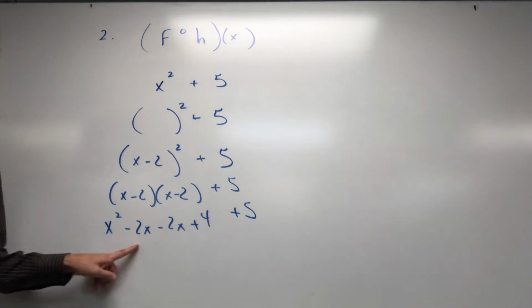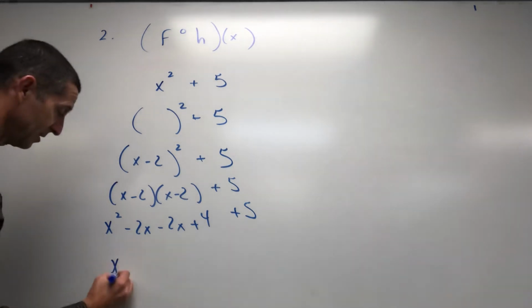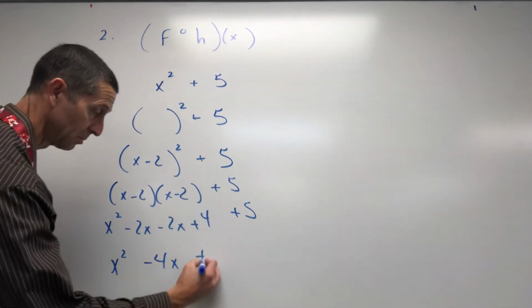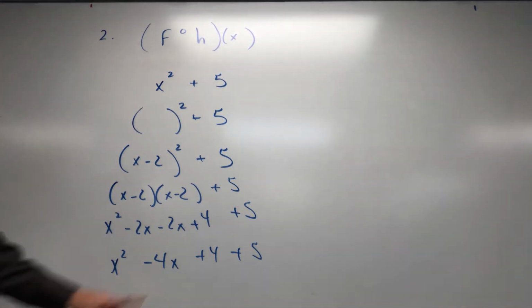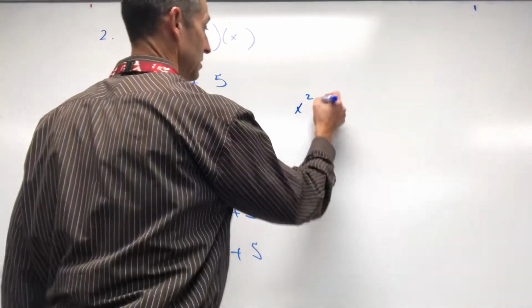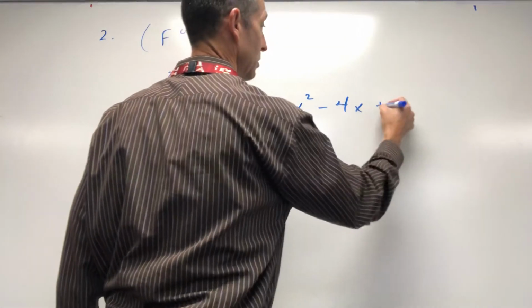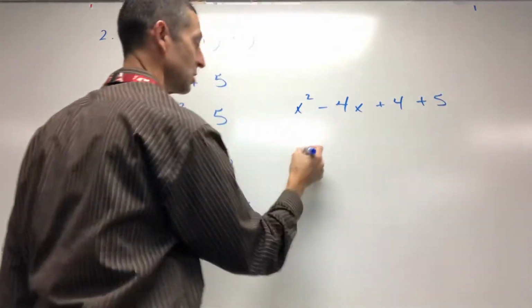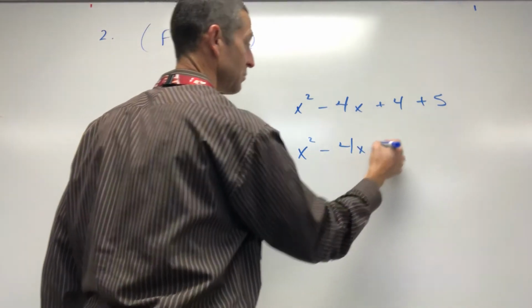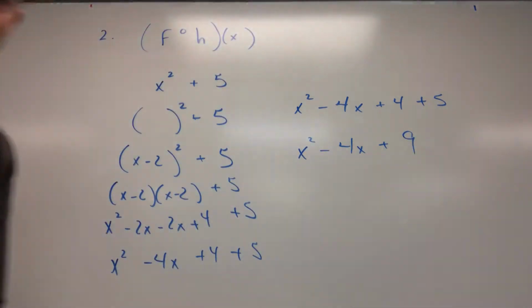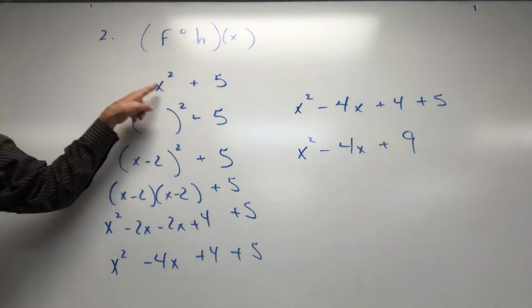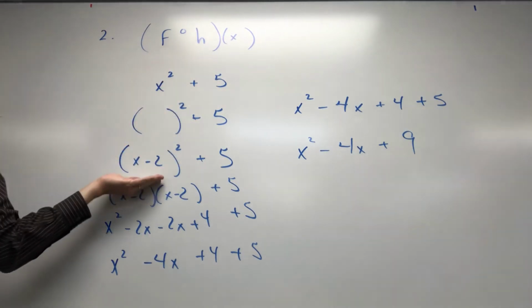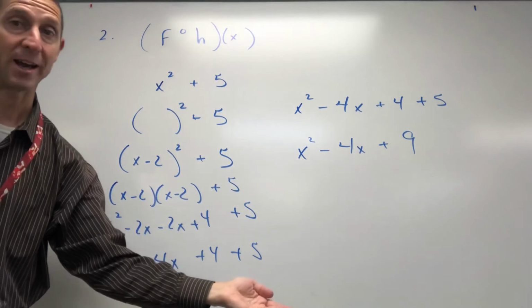So, like terms in the middle, x squared minus 4x plus 4 plus 5. And then one more step to clean up. X squared minus 4x plus 4 plus 5 is we're just going to clean up the 4 plus 5, make that a 9. Okay, f composite h, f was first, plugged in the h, did a little bit of algebra.